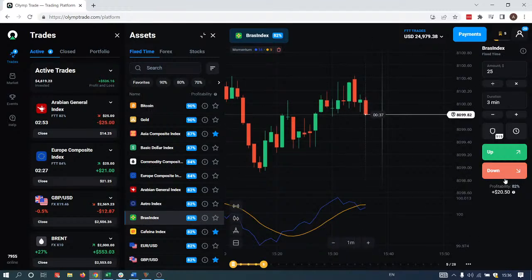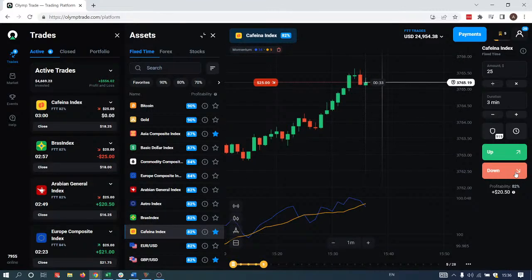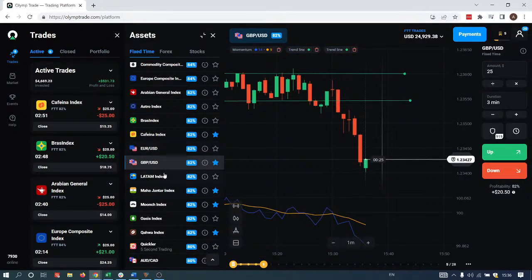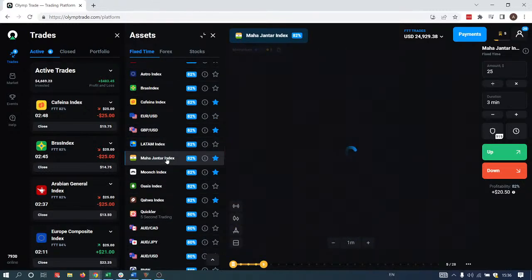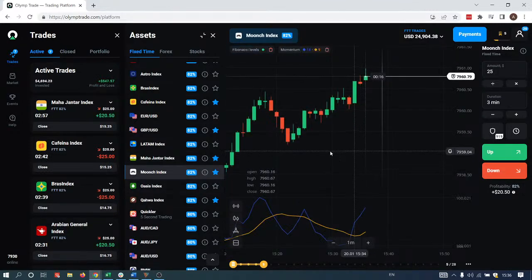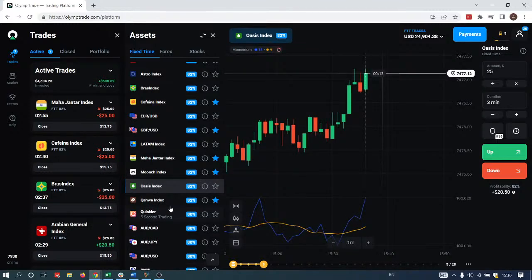And Brazil Index, yes. Wow, guys, I don't know about you, but I love these indices because they are very technical. The thing is that these indices are based on a few underlying assets, and when you have a few underlying assets, that gives you a little more technical precision.